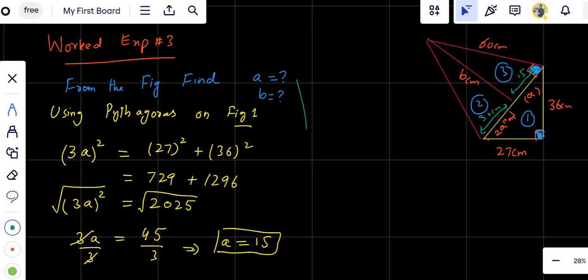Now we need to find B. So which triangle we should use here? Triangle 2 or 3? Both. We should use both.